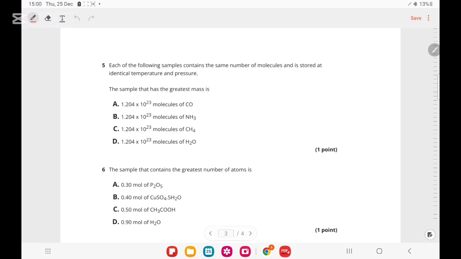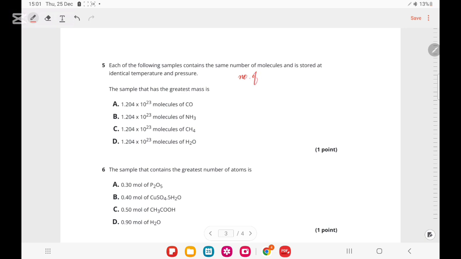So first of all, we can find the moles. And how can we find the moles of each one of them? Let's see. We are given the number of molecules, so first let's find the number of moles.